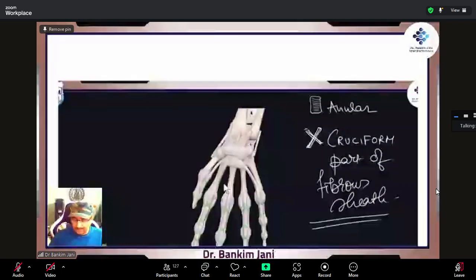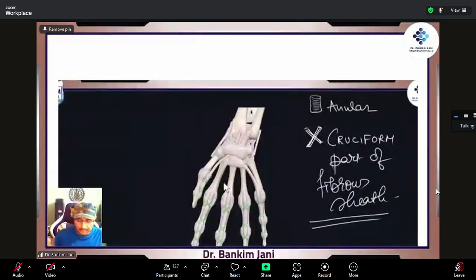Acha. This is the cruciform part. Can you see over here, right? This is cruciform, that means this is like a cross. The purpose is that it gives strength, and whatever structures pass through it won't come out. They will be moving exactly in the same direction.